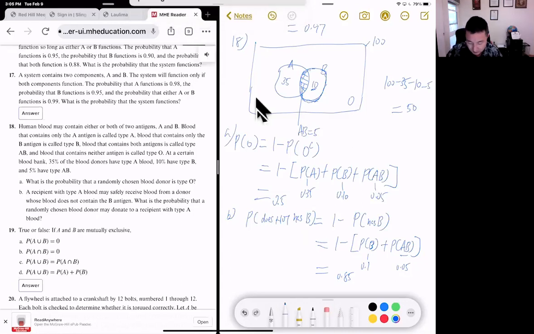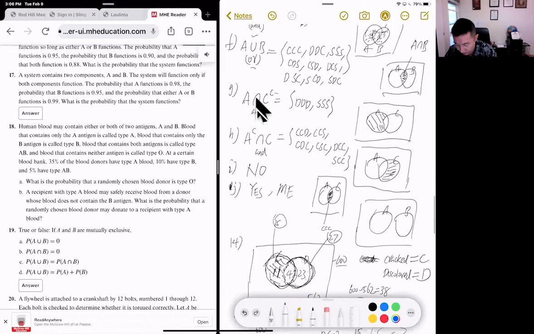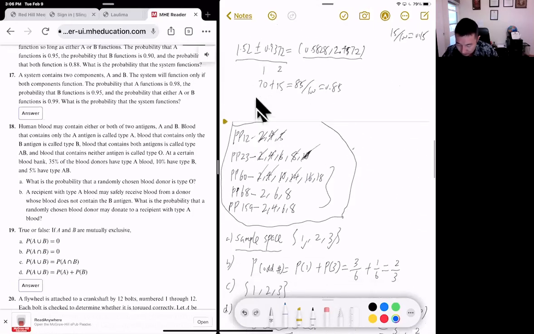Questions for this? Question number 18. Let me see if we have time to do the next. Page 68.